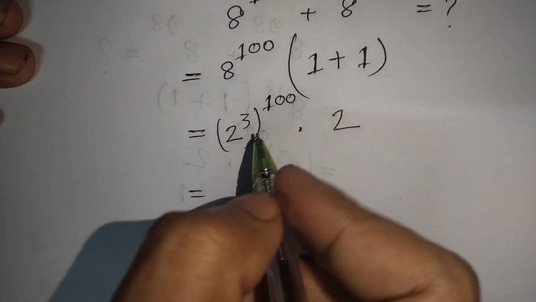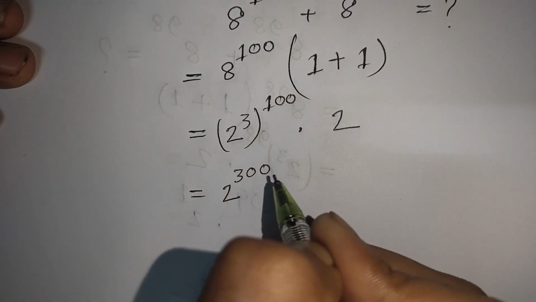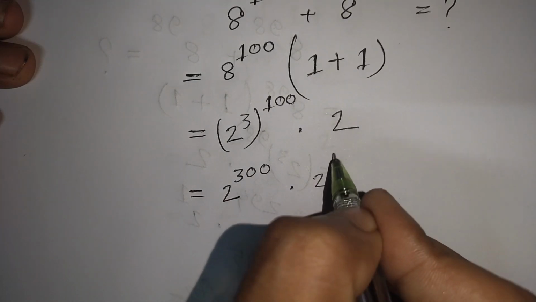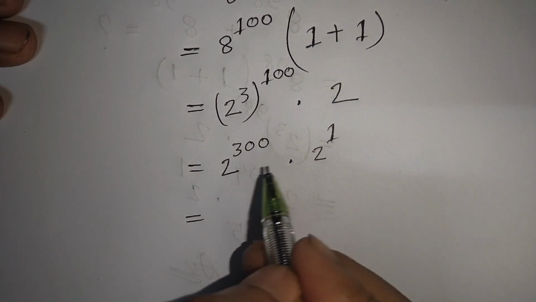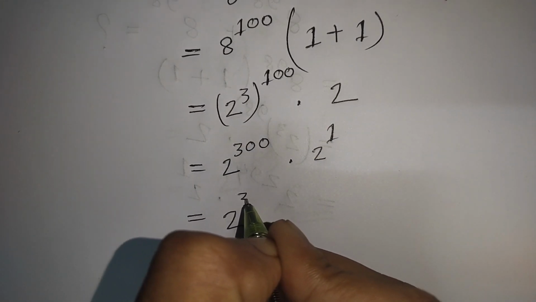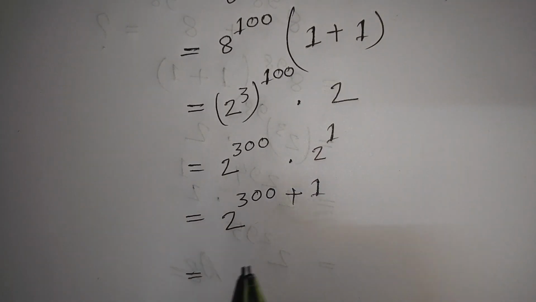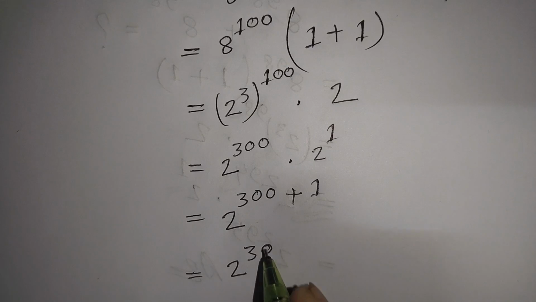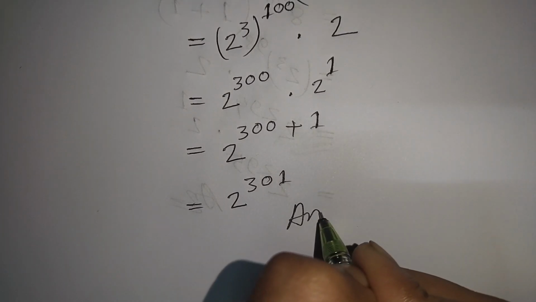That is 2 to the power 300 times 2, which is same as 2 to the power 1. Now we see that they are the same base but different powers. So you can write here 2 to the power 300 plus 1, that means 2 to the power 301. So 2 to the power 301 is the correct answer.